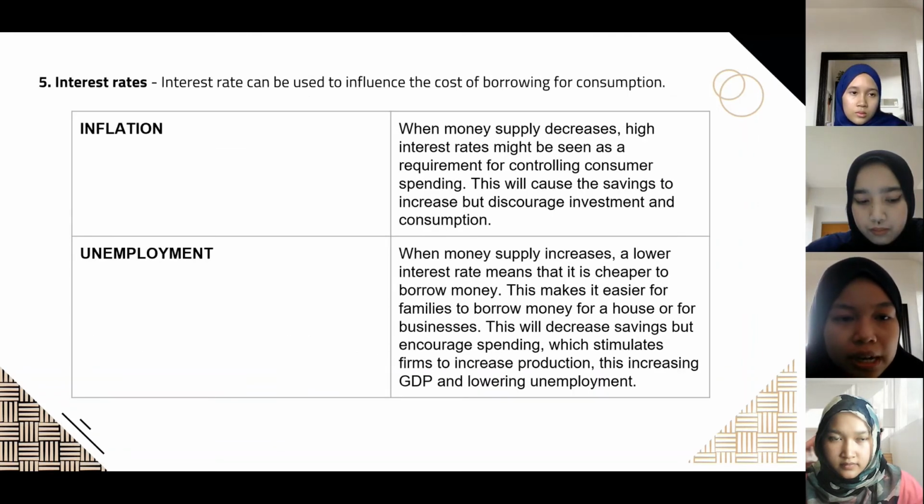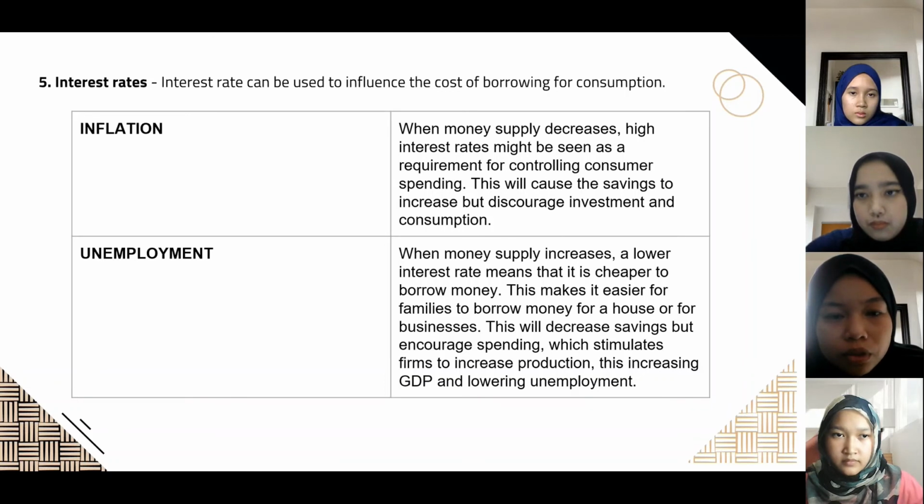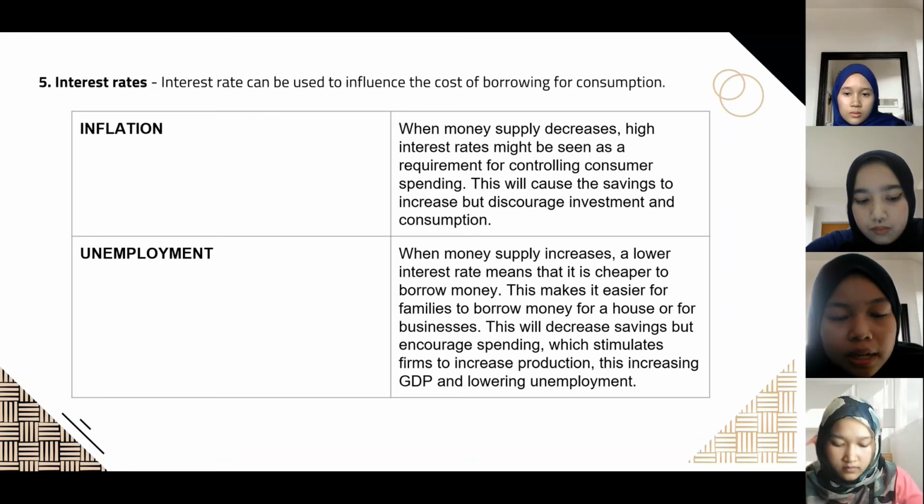Fifth, interest rate. Interest rate can be used to influence the cost of borrowing for consumption. Inflation: when money supply decreases, a high interest rate might be seen as a requirement for controlling consumer spending. This will cause savings to increase but discourage investment and consumption.